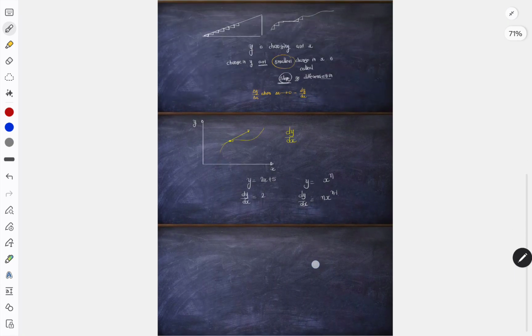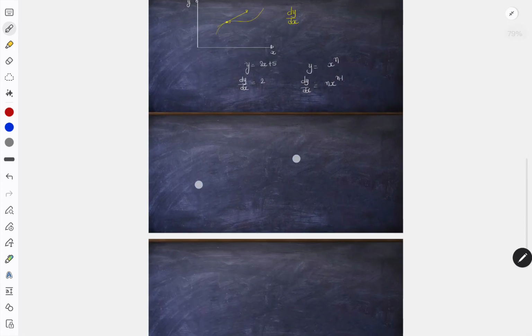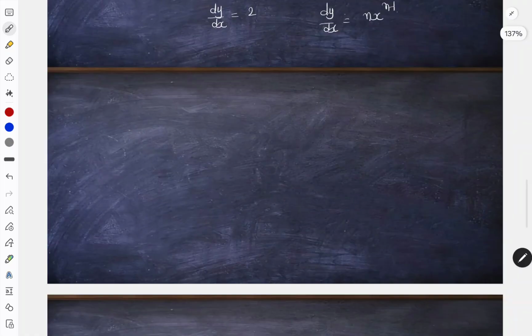Now pay attention. Till now I was just trying to make you understand how this derivative works. Now there are many functions. Let's say y is equal to sine x, so y is a function of x only. So simply you can find dy by dx.